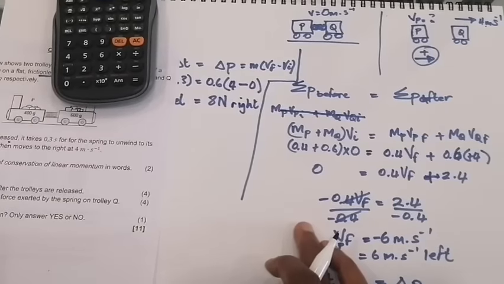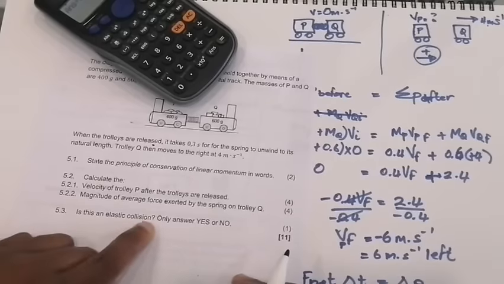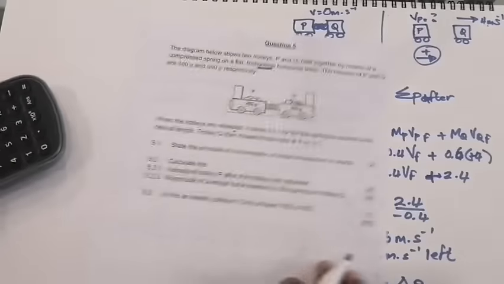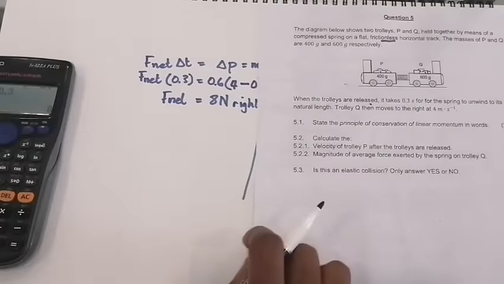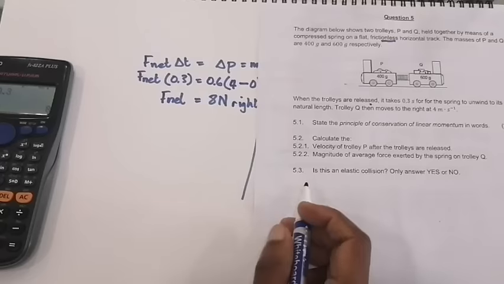And lastly, is this an elastic collision? Only answer yes or no. Well, it's easy to answer that one. In actual fact, it's very difficult in physics to find an elastic collision. Why?